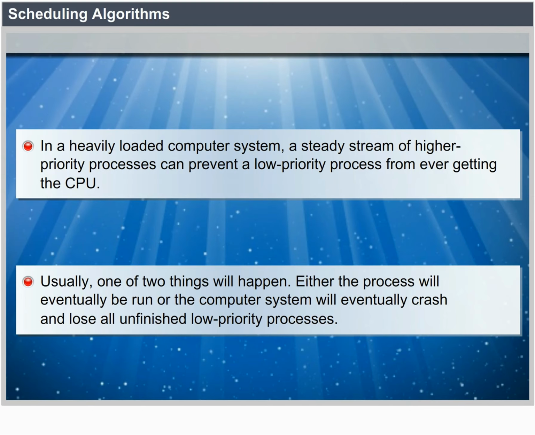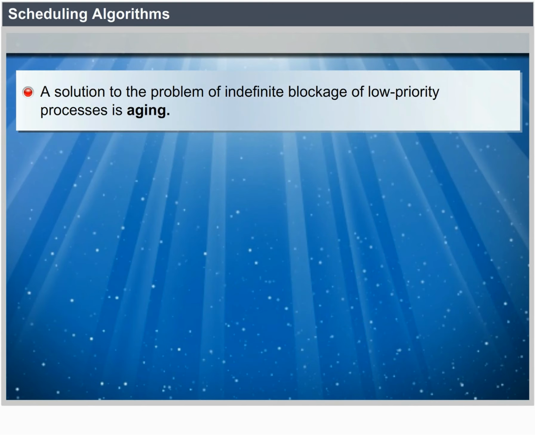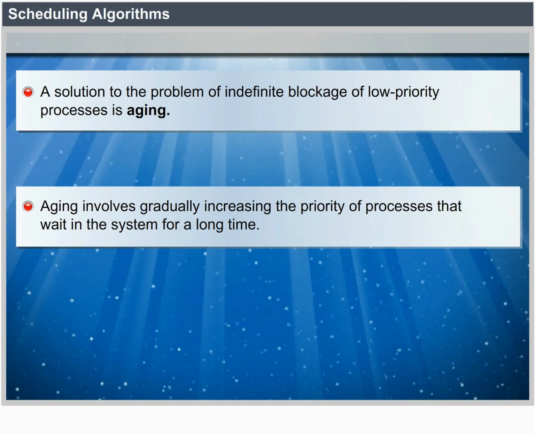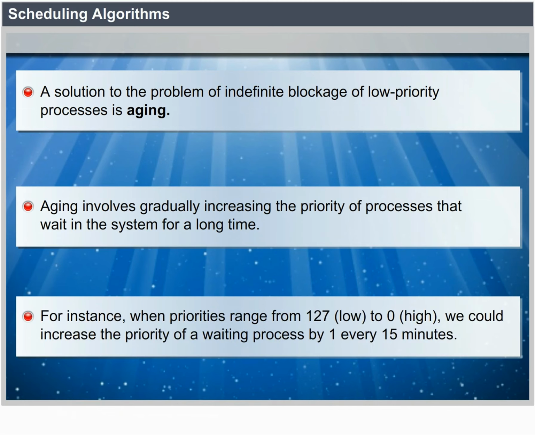A solution to the problem of indefinite blockage of low-priority processes is aging. Aging involves gradually increasing the priority of processes that wait in the system for a long time. For example, if priorities range from 127 low to 0 high, we could increase the priority of a waiting process by 1 every 15 minutes.